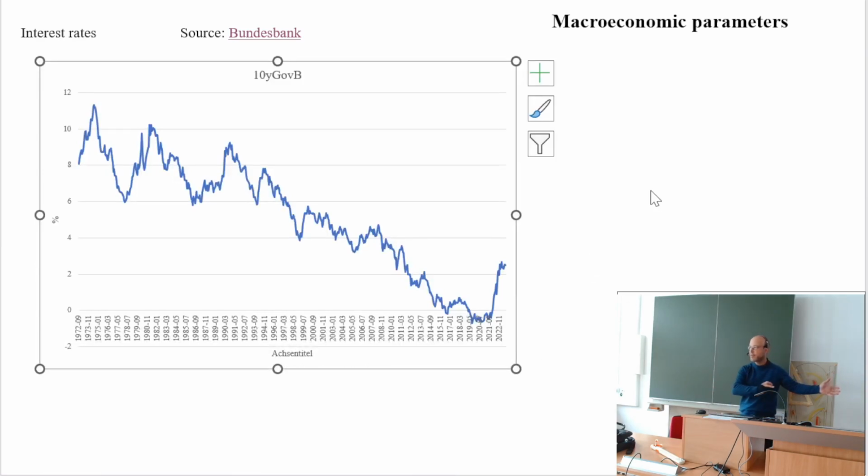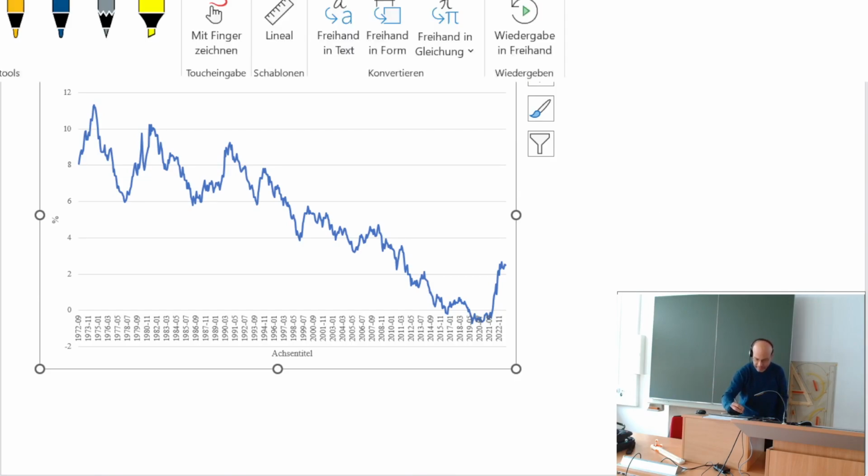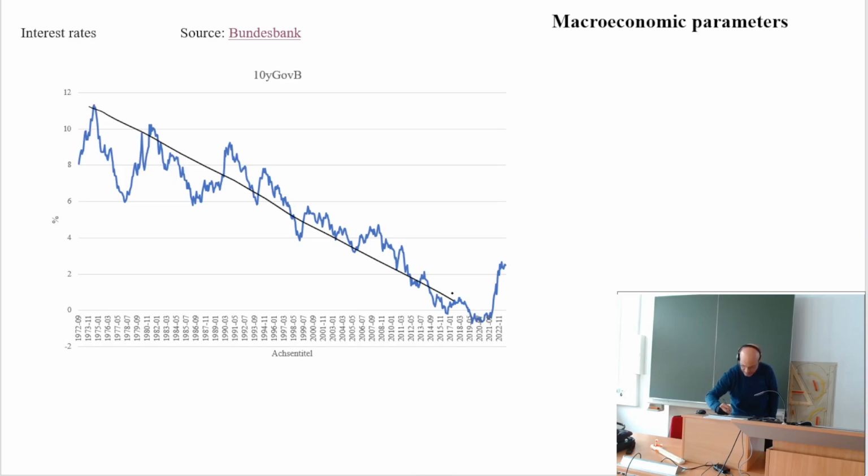If we take a perspective of almost 50 years, then you see this really downturn of interest rates over the last 50 years with fluctuations, and this upturn right now, which was really very, very fast and has a huge impact on our economic performance.